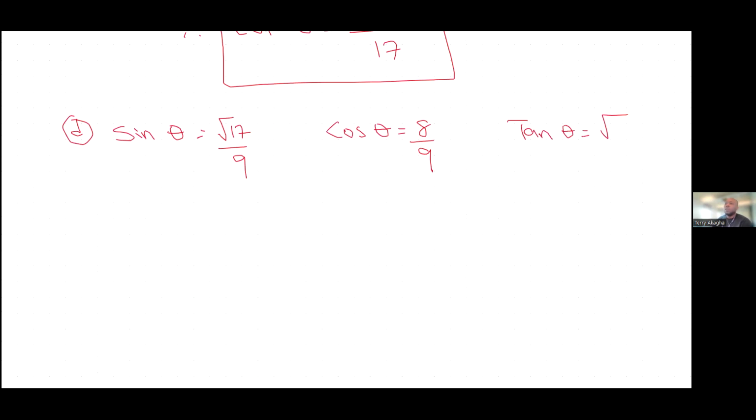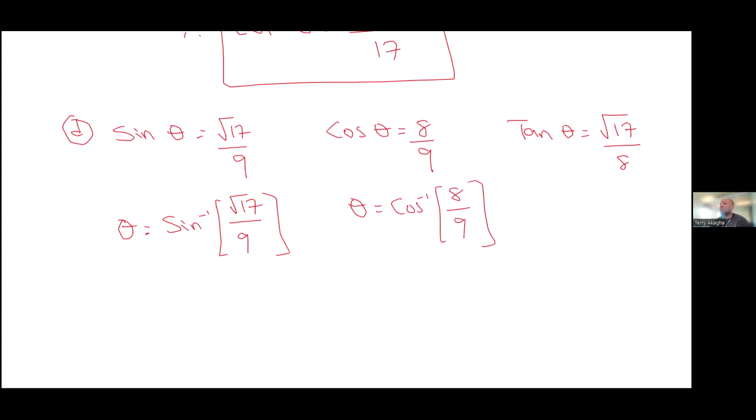So theta here is going to be equal to sine inverse of, you just type this in your calculator, square root of 17 divided by 9. Or you can use cos inverse of 8 divided by 9. Or you can use tan inverse. So you don't need to use the three of them, one is fine.